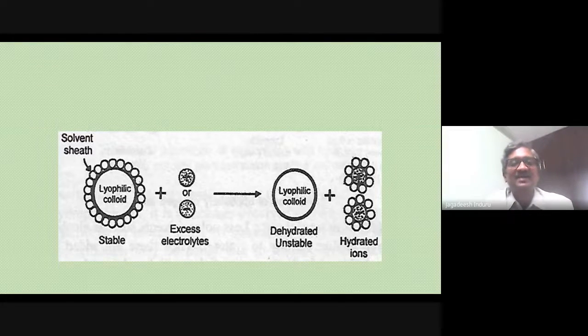Whether it is an enhancement of charge or neutralization of charge, it does not matter in lyophilic colloids; the predominant phenomenon is dehydration of the surface, causing destabilization and precipitating the colloid.